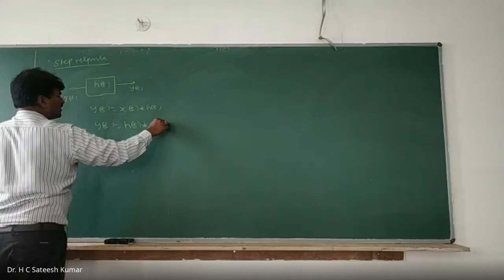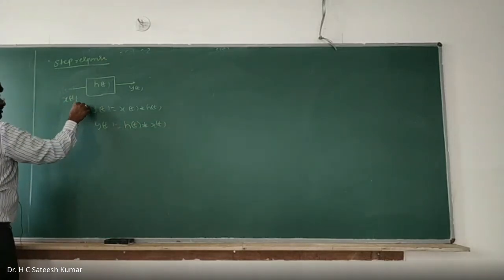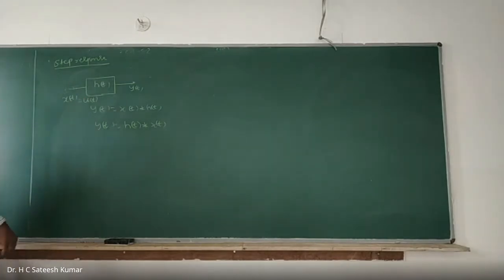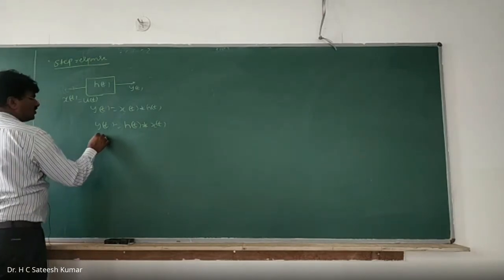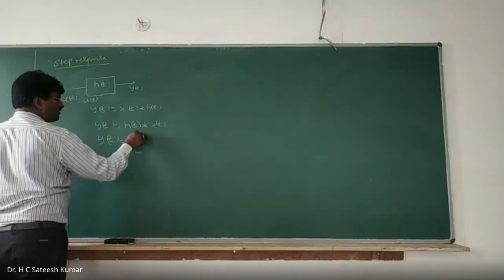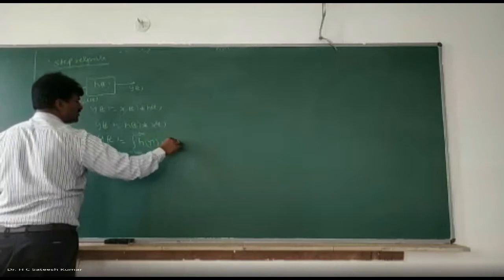But when the input is a step, you call it u of t. So therefore, you can write y of t is equal to the integral from minus infinity to plus infinity of h of tau into x of t minus tau d tau.